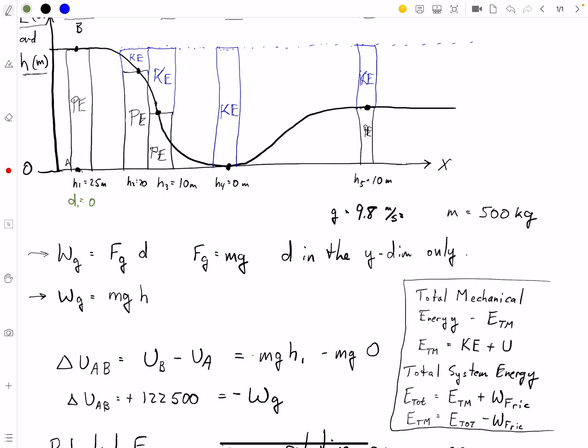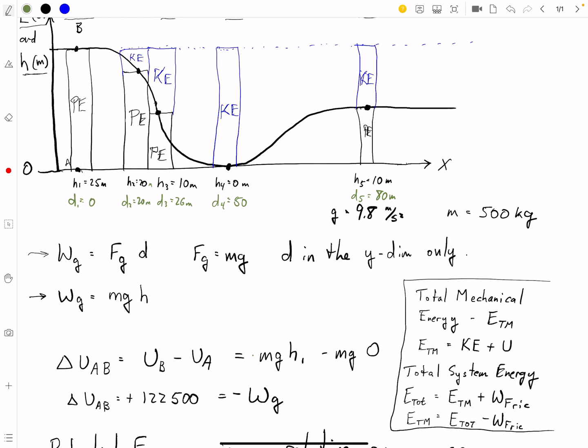We're going to go to D2, and that is equal to 20. D3 is equal to 26. These are meters. And D4 is 50 meters, and D5 is 80 meters.